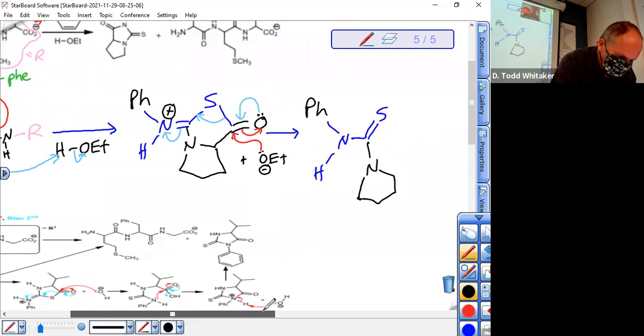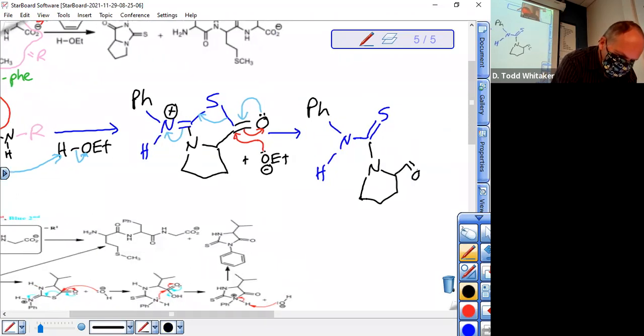And now off that ring, it's OEt, not OH. Similar idea though. And now your phenyl nitrogen is going to be a nucleophile to do an amidation of this ester, and make an amide is what I was trying to say.